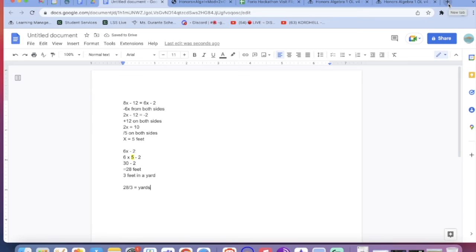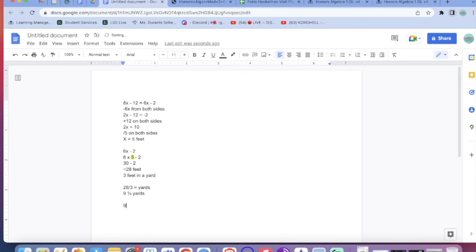Let me pull up my calculator here. 28 divided by 3 equals 9.33 yards, or 9 and 1/3 yards.